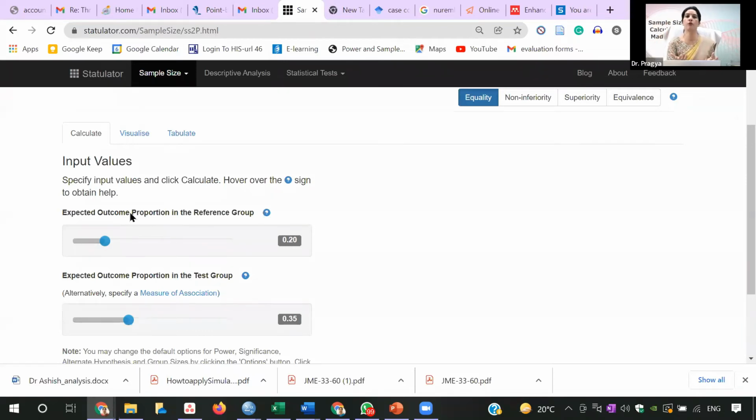Because in a case control study, you start with the cases and you have a control, and you see the exposure proportion. So it is basically the proportion of the risk factor in the control group, and this is the proportion of the risk factor in the test group. Do you get it? Don't get confused with the term outcome here. It will change in the context of the type of study.